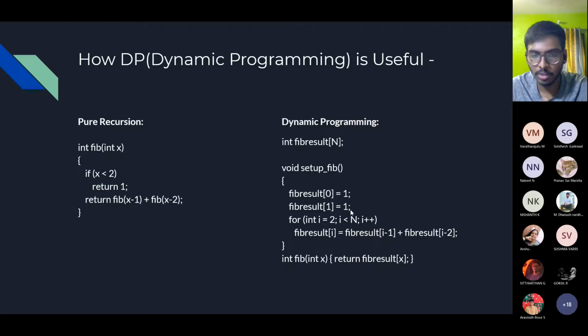In this if statement, let's take the initial value as 2. Fib result 2 is equal to fib result 2 minus 1 plus fib result 2 minus 2, so fib result 2 is equal to fib result 1 plus fib result 0. It goes on, gets the result and stores it in memory.